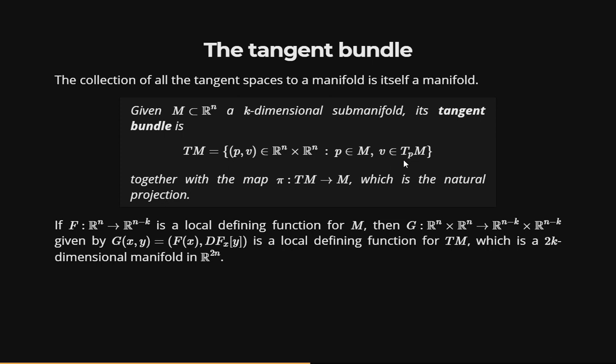Why is it called bundle? Because you bundle together, you collect together all the tangent spaces. Now, you can show that the tangent bundle of S1, the circle, is diffeomorphic to R2 minus the origin. Not in the way I pictured it, but you can find a diffeomorphism from R2 minus the origin to the tangent bundle of the circle.